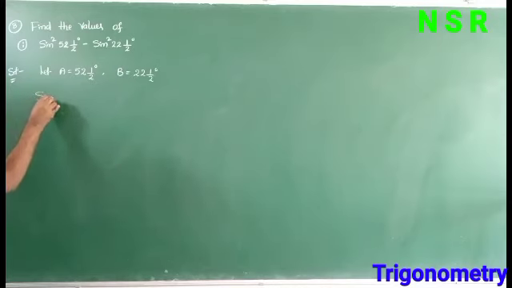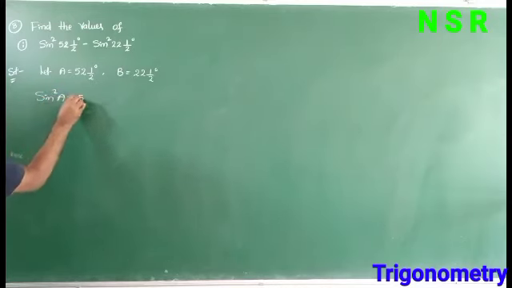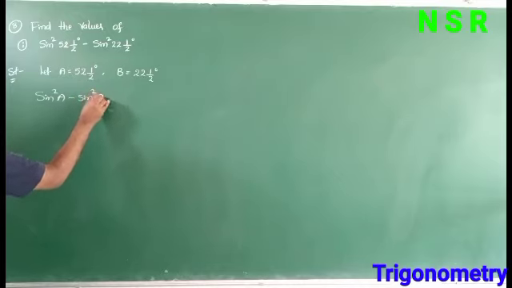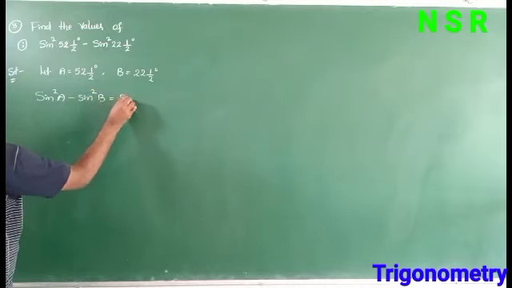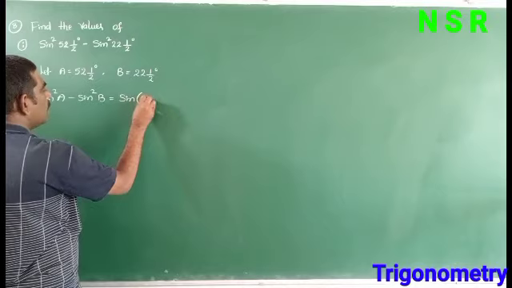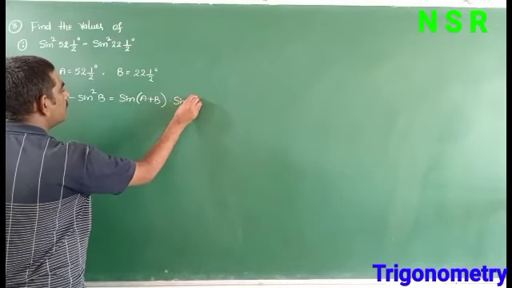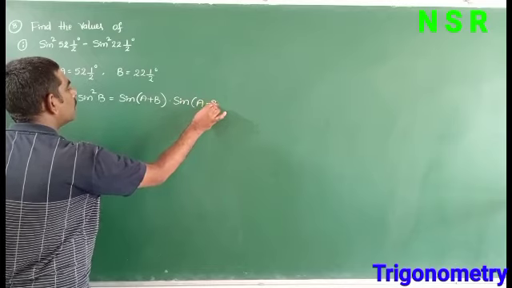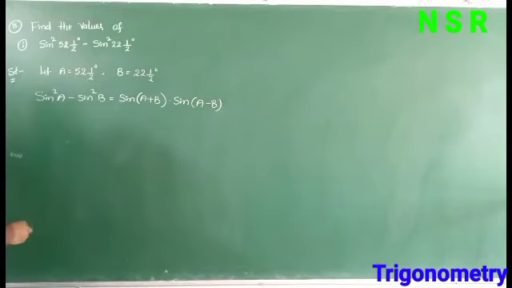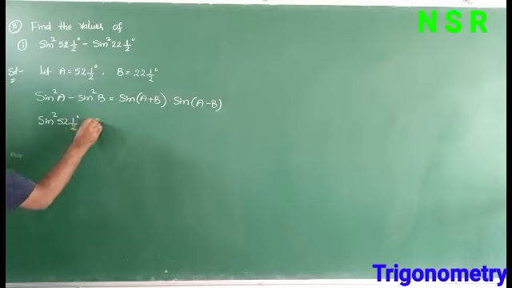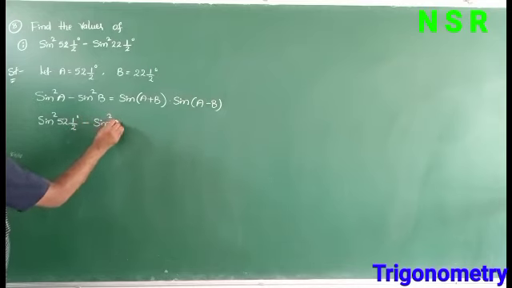We have a formula: sin square a minus sin square b is equal to sin of a plus b into sin of a minus b. Now in place of a substitute 52.5 degrees.